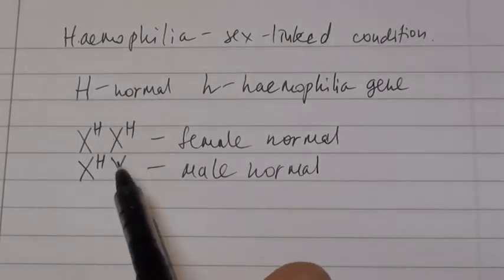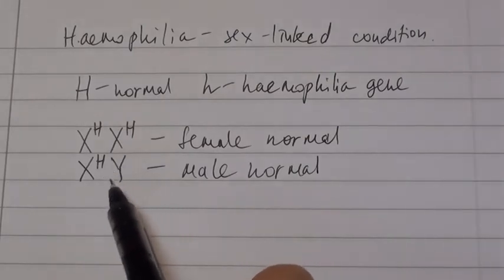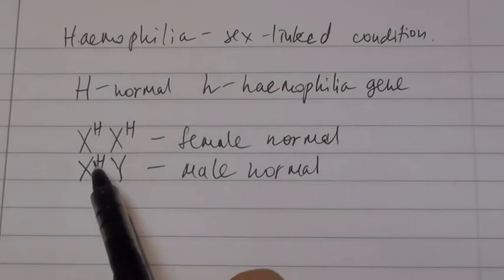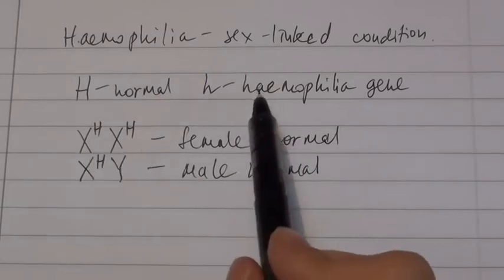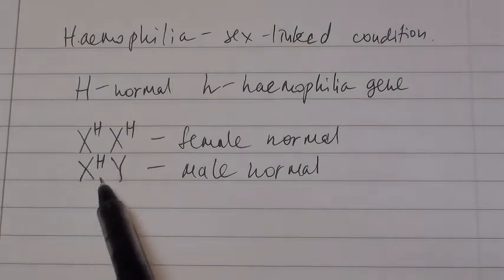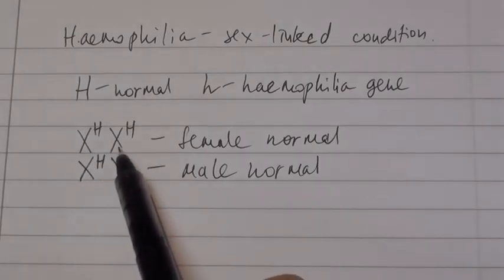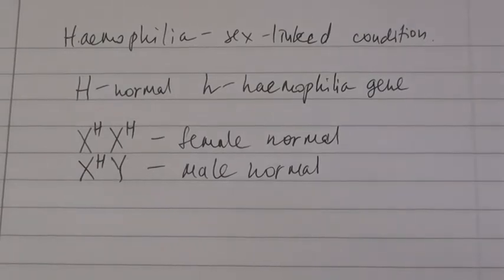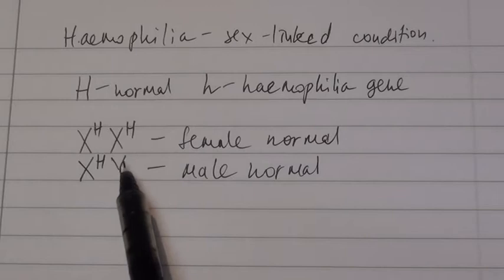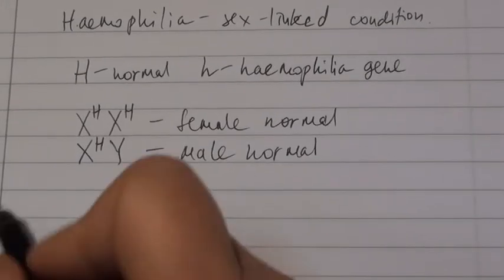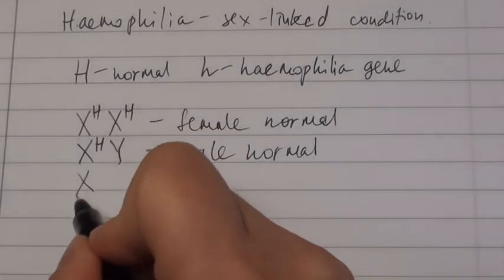You probably notice that I have no letter written next to the Y. Why is that? Because the gene for hemophilia or the normal gene is only found on the X chromosome. It does not exist at all on the Y chromosome. That's why I have no letter written next to Y. That's really important, so make sure you keep track of that and don't start writing big H next to Y, for example.